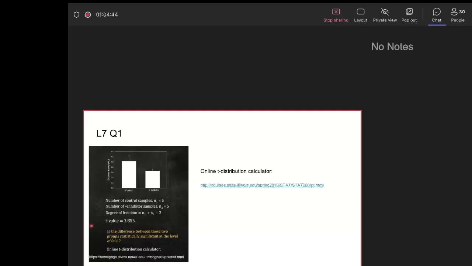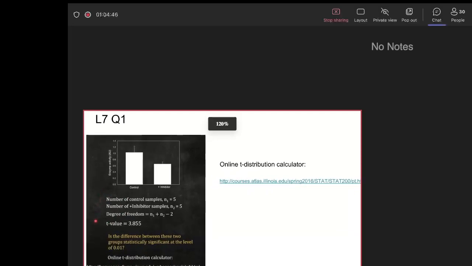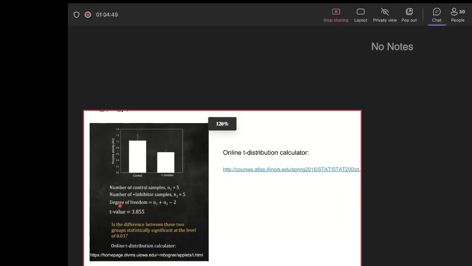So here in this example, there is a control sample and there is a treatment sample which has been treated with the inhibitor. And here they have given the t-value. This t-value you can calculate by doing a t-test, but in this case they have already given the t-value, so we don't have to do that.